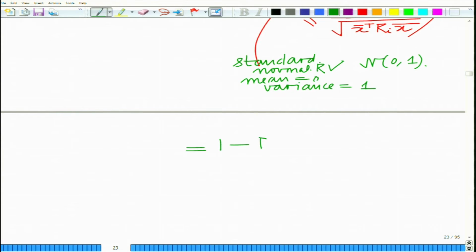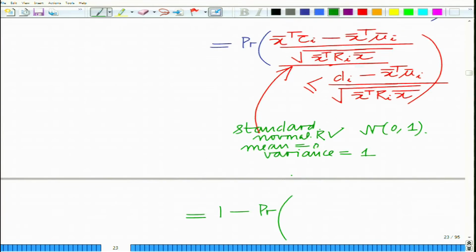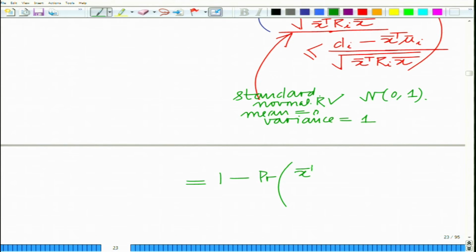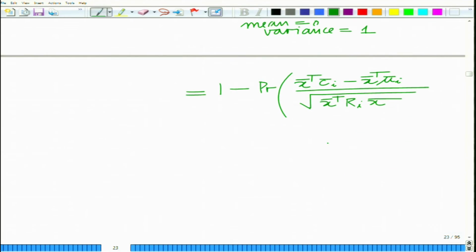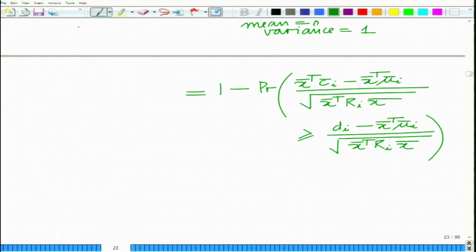So, this is equal to 1 minus the probability that x bar transpose C bar i minus x bar transpose mu bar i, divided by the square root of x bar transpose Ri x bar, is greater than or equal to di minus x bar transpose mu bar i divided by the square root of x bar transpose Ri into x bar.